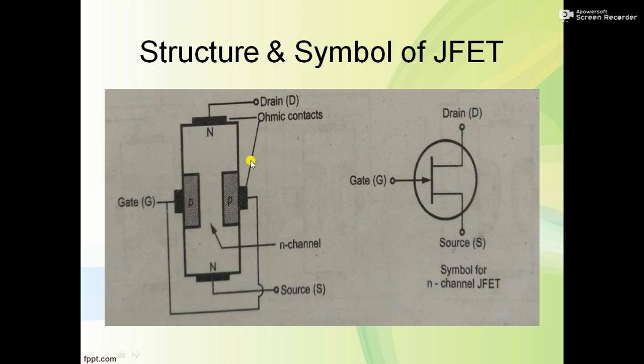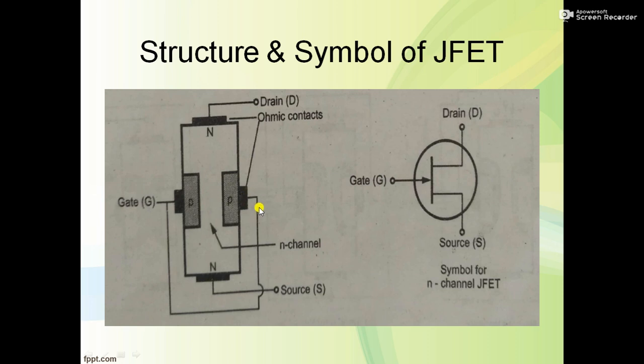Next we'll discuss the structure and symbol of the JFET. This is the first type of FET, the junction field effect transistor. So first we'll discuss the structure of this JFET.